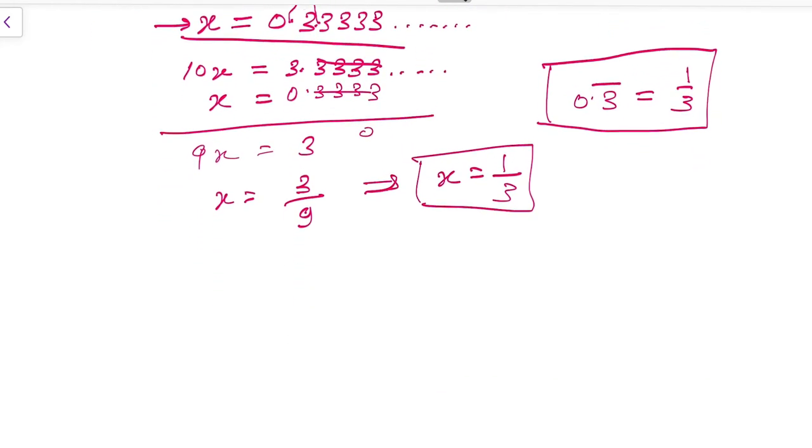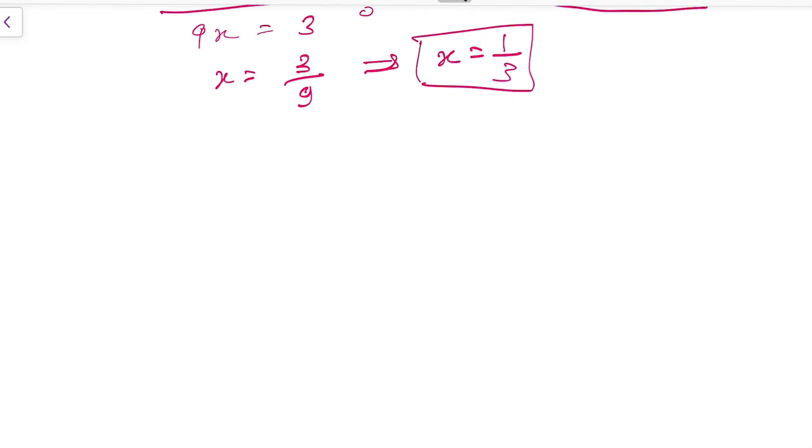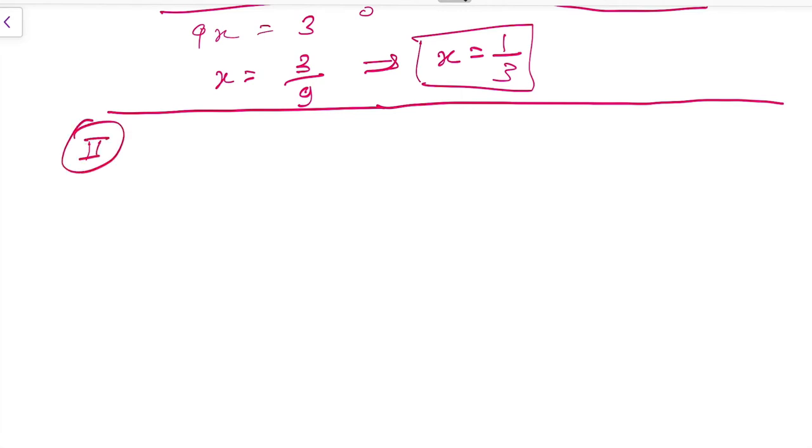Now we'll take the second example, which is a little different. The next example is 1.27 with a bar, which means 1.272727 continuing till infinity.